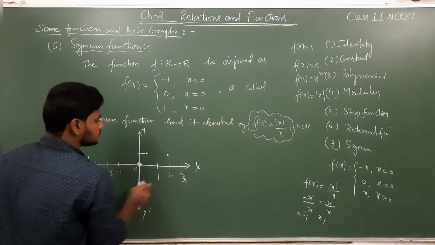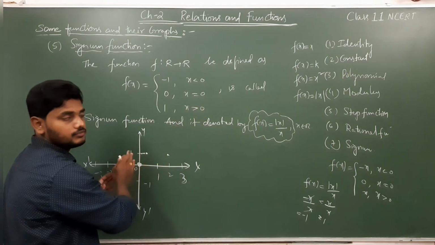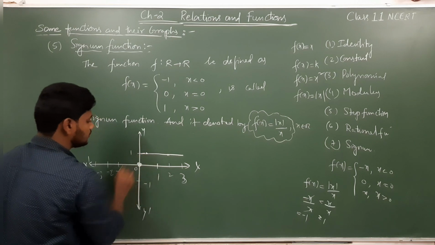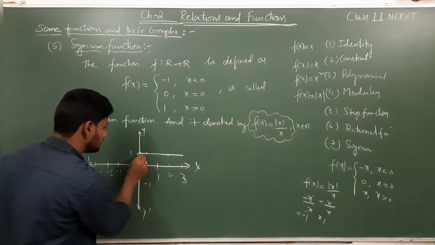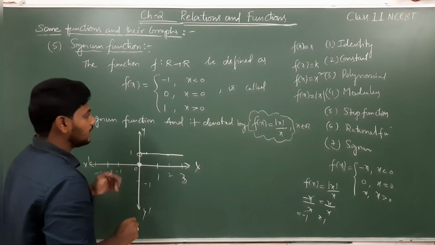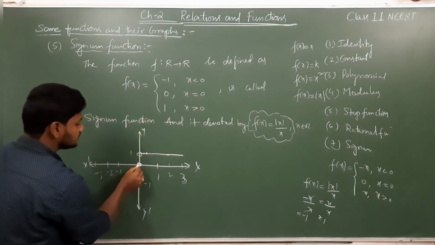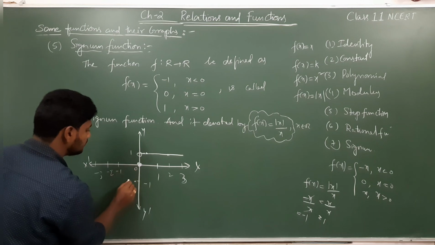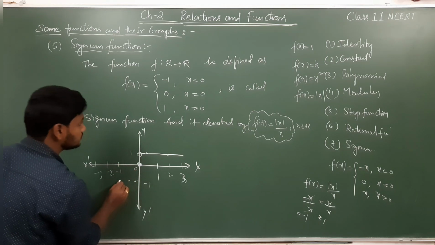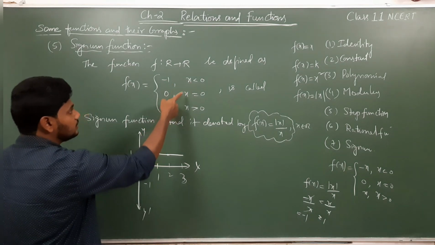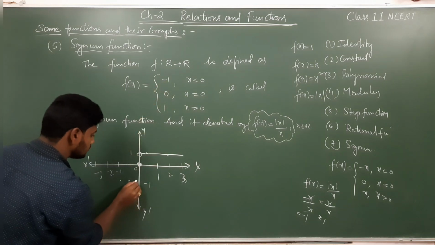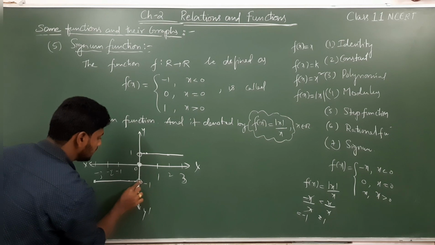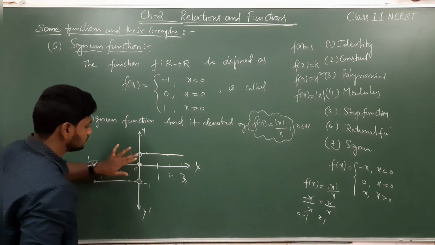So whatever positive value you take, the value is 1. But for 0, it is not 1, it is 0. Again, if you take a value less than 0, like minus 0.5, it is minus 1. For minus 1, it is minus 1. Any value less than 0 gives minus 1. But at x equal to 0, it is 0.